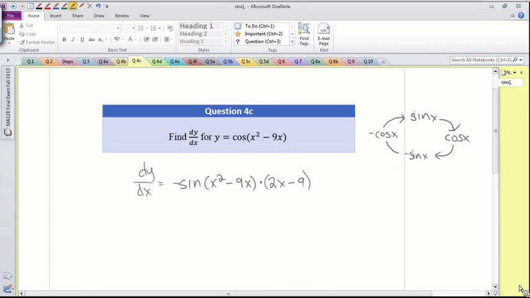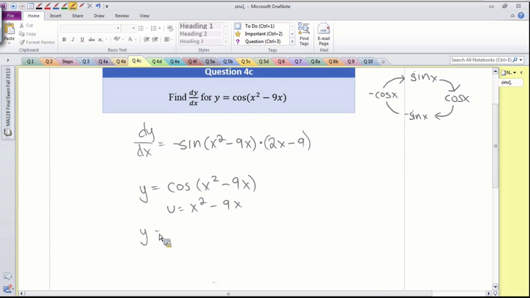U subs. We could do a U substitution to solve this problem. Our original problem was y equals cosine of x squared minus 9x. If we say u is equal to x squared minus 9x, then y would just equal the cosine of u. So du is equal to 2x minus 9.